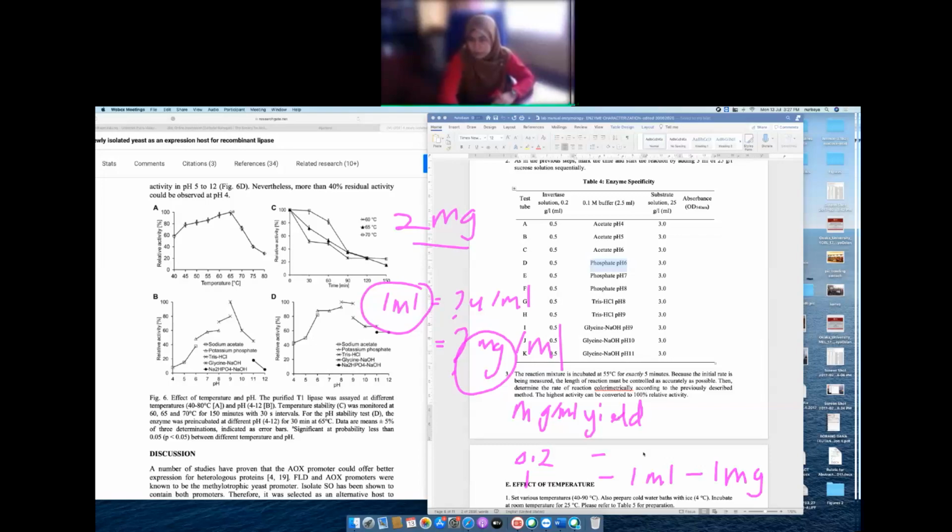But for this, if you take out only 1 mil, it's considered you have taken 0.2 milligram. So these two are not standardized, because this one is 0.2, this one is 1. The milligram per mil are not the same. So we need to standardize in terms of the amount of protein when you do this kind of study. Okay?